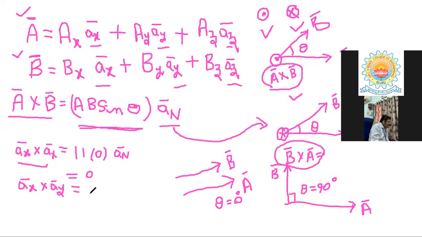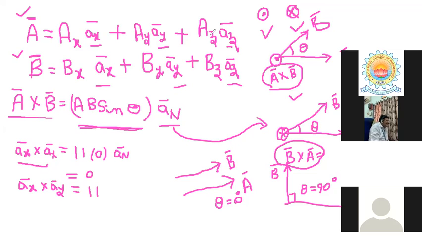Ab means magnitudes, and they are equal to 1, because in electromagnetic fields we assume that small a represents the unit vector. So here the magnitude is unity.